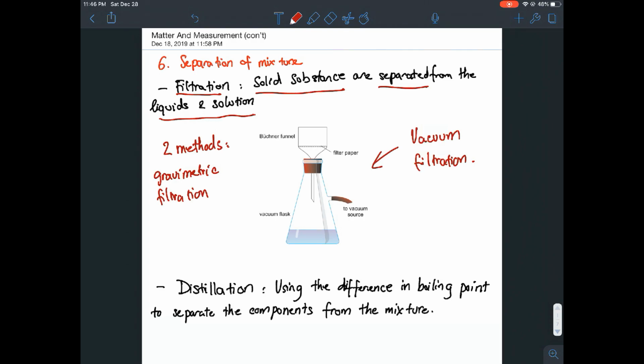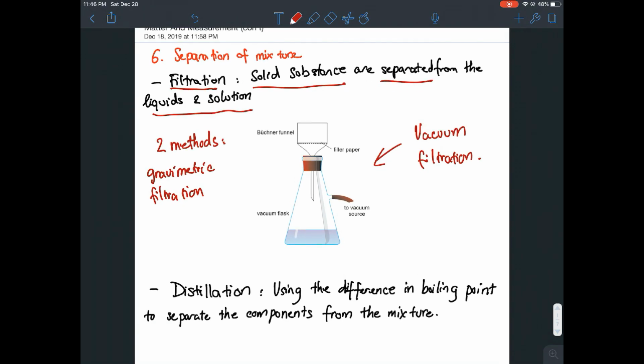Due to the faster speed of the vacuum filtration, it is preferred to use in terms of the solids mixed with the liquid substances, because it's going to be faster and it's going to save time for the chemist.